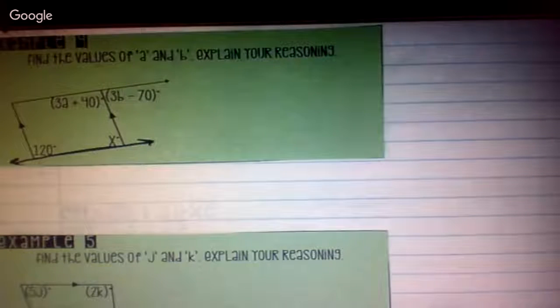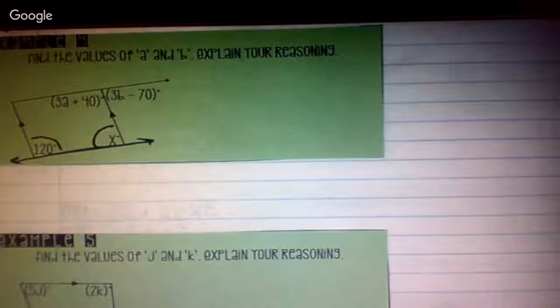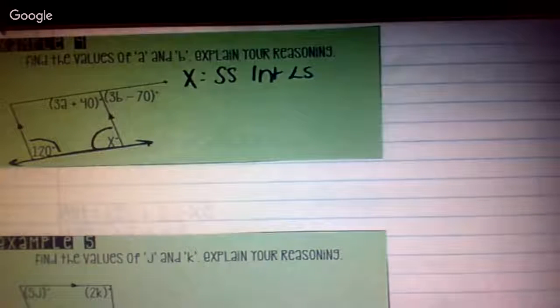So, if that's a transversal, what type of relationship do we have between 120 and X? What kind of angles are these? Same side, they're both on top. Same side interior. So, to find X, these are same side interior angles, which means that they're what? Equal to 180. As soon as you see same side, it should be automatic: equal 180.